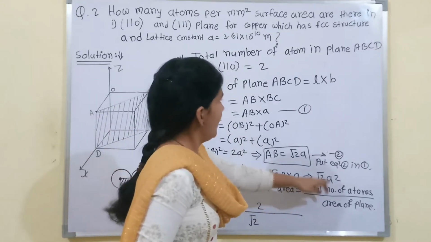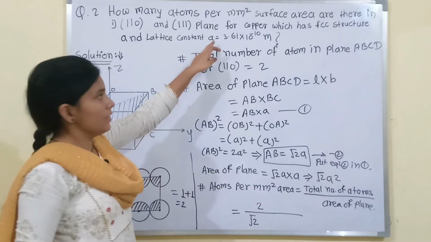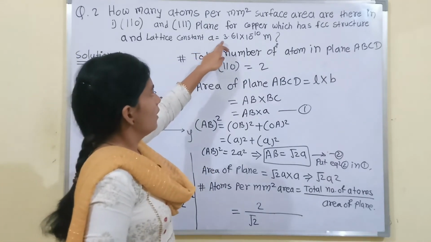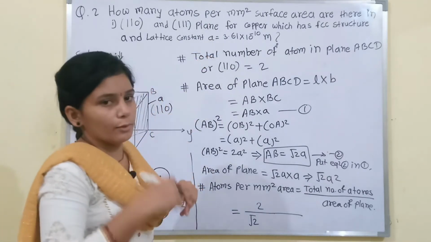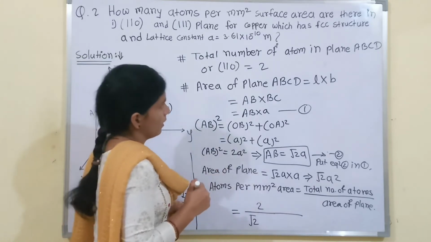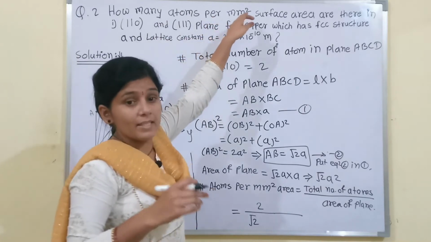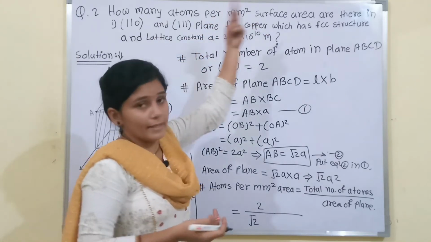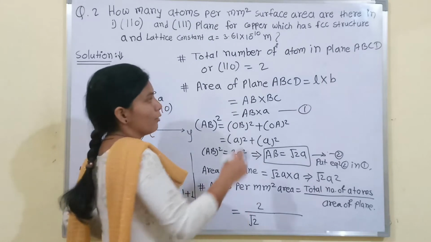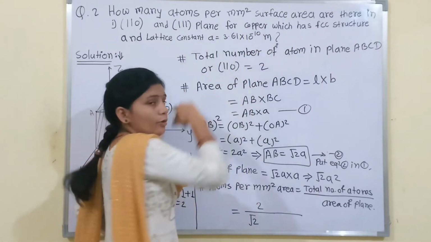But what is A? A is the lattice constant, which is given here as 3.61 into 10 to the power minus 10 meter. But we have the area in millimeter square, so we should convert meter to millimeter.